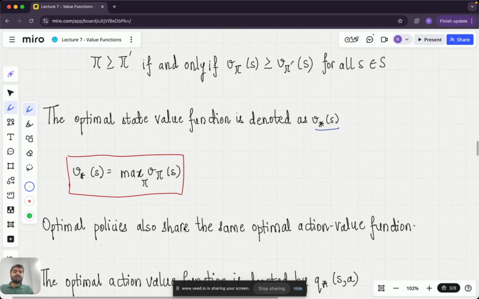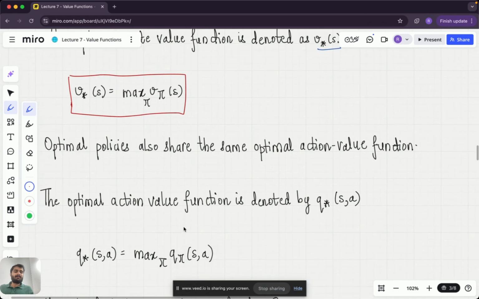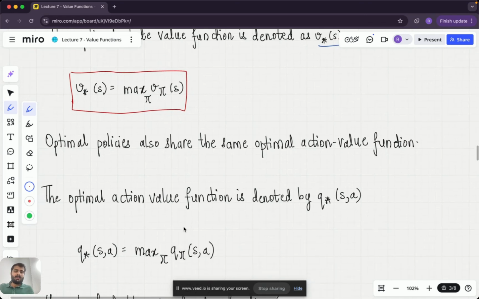And optimal policies also share the same optimal value function, which means that if my policy is optimal, then whenever I am in a state I am going to take actions that maximize the expected return after being in that state and taking that particular action, which is also represented by the action value function.